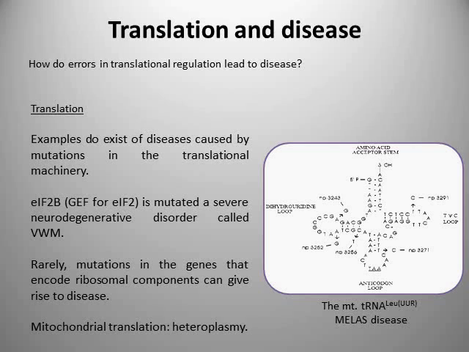And then there's an interesting example of a mutation that can occur in the mitochondrial genome, which affects the actual tRNA molecules that the mitochondria produce in order to translate its proteins. There's a particularly nasty disorder that's associated with mitochondrial mutation called MELAS, and it's got a horrendous name I can never remember.